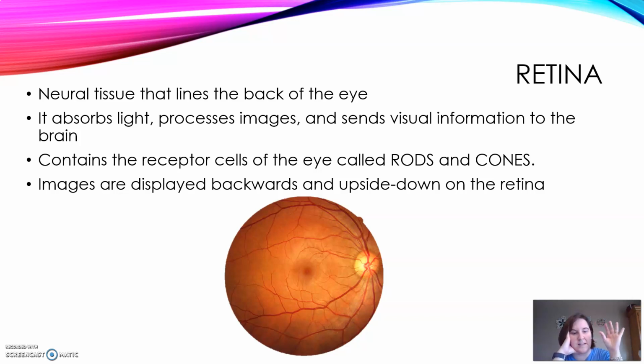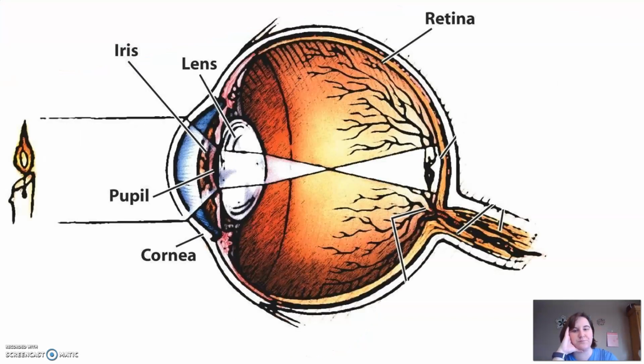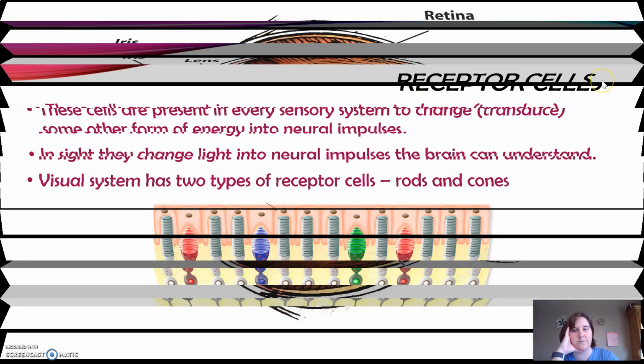That's what your eyes are actually processing. But your brain flips them right side up, and that's how we perceive the world. That's why we don't see everything upside down and backwards. So this whole wall back here is the retina. This is shown on the retina, right? That's where this upside down, backwards candle is.